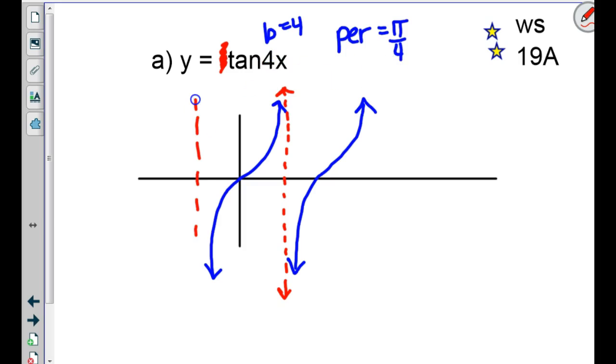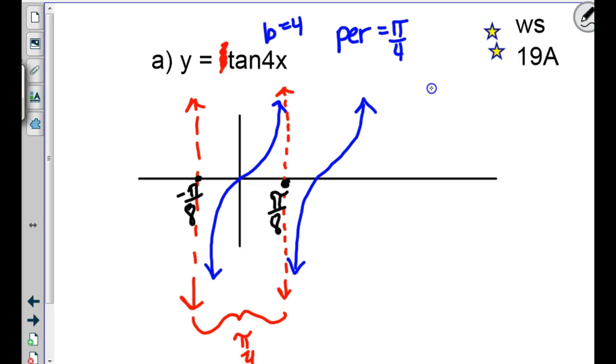Pi over 8. Good job. So this entire distance in here needs to be pi over 4. So it's actually at negative pi over 8, maybe I'll write that here. This is negative pi over 8, and this one is occurring at pi over 8.